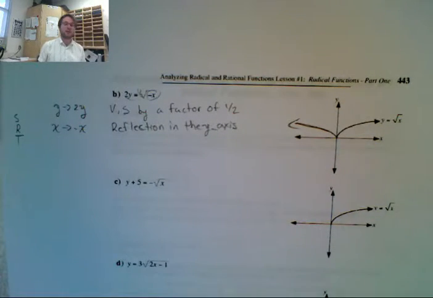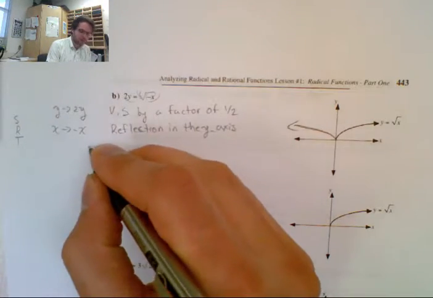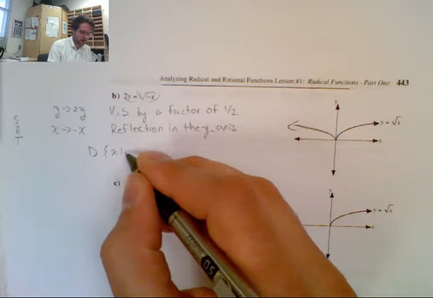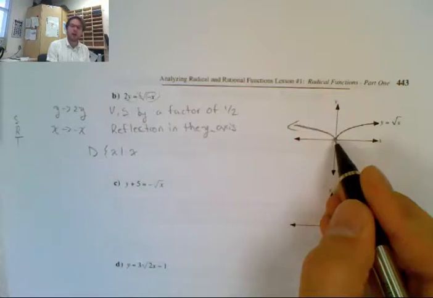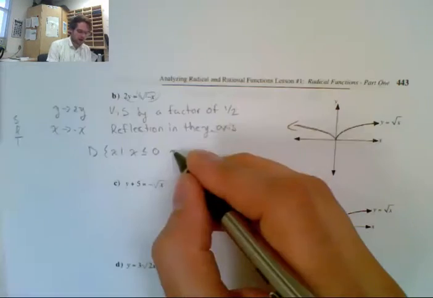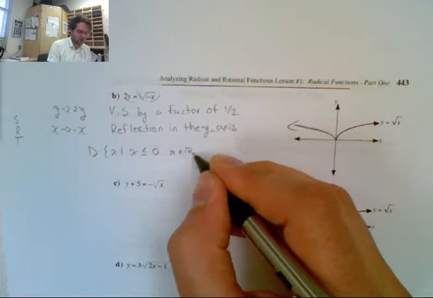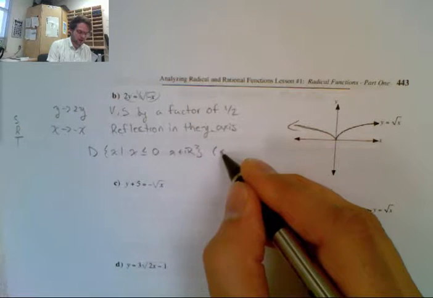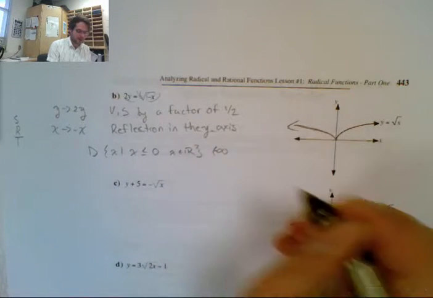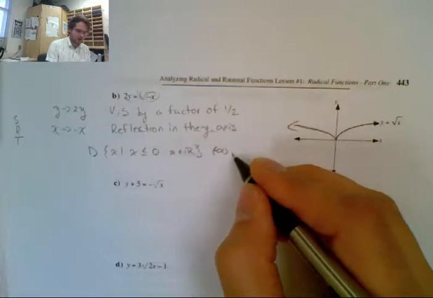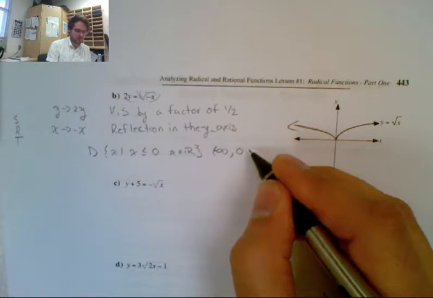So now what is my domain and range? My domain, we are going to look at x such that x must be now less than or equal to 0, where x is an element of all real numbers. Okay, so in other words, we go -infinity that way, all the way to 0 that way.